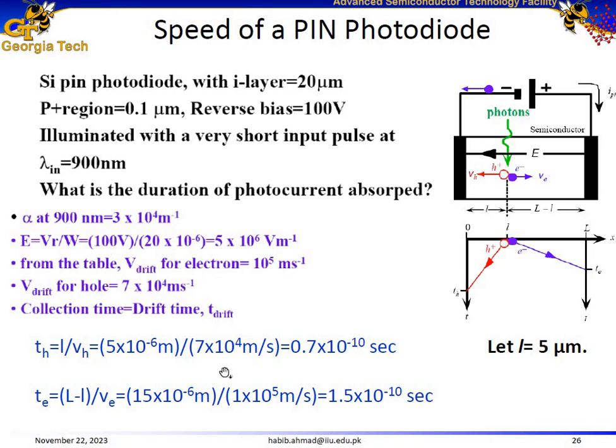Replace these values into the transit time for holes and transit time for electrons. It gives us the transit time for both kinds of carriers, which comes out to be 0.7 times 10 to the power of minus 10 seconds for holes, and the transit time for electrons comes out to be 1.5 times 10 to the power of minus 10 seconds.